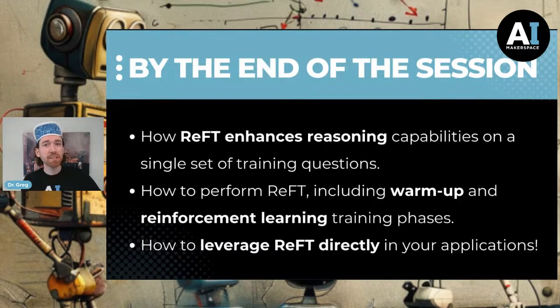So you can imagine that this has potential impact beyond the math problems we'll look at today. We'll get a handle on how ReFT includes two primary phases, not fundamentally distinct from other alignment techniques we've looked at, the warm-up and the RL training phases. And then we'll show you exactly what the code looked like that was released in the paper and how we can leverage it to do our own ReFT.